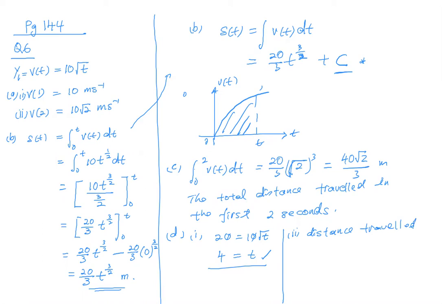So it will be 20 over 3 square root of 4, then cube, right? So you will have 160 over 3, 53.3. So you only need to travel 53.33.